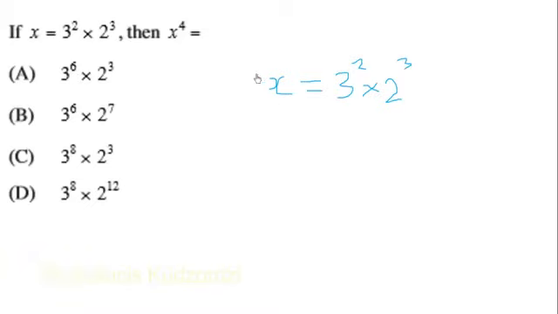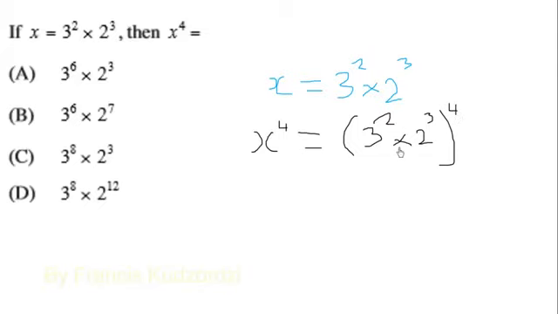If you raise x to exponent 4, then we have to raise this number to exponent 4 also. So x exponent 4 will be equal to 3 exponent 2 times 2 exponent 3, all exponent 4. So you use the properties of exponents.